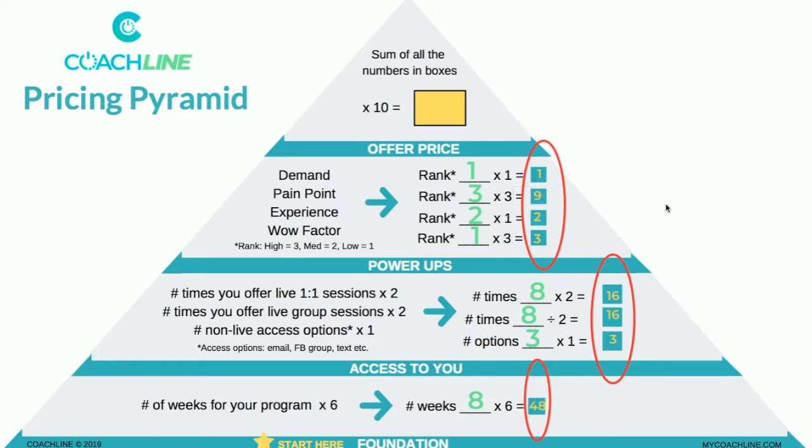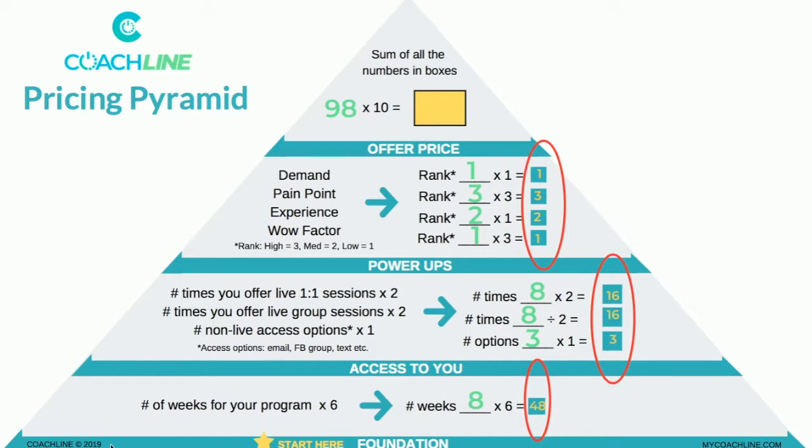And then we're going to add all these up. So that's going to give us, I believe, 98 now. And don't check my math. It might be wrong, but you get the gist. So our total points so far are 98. So the sum of all the numbers in the boxes is 98.